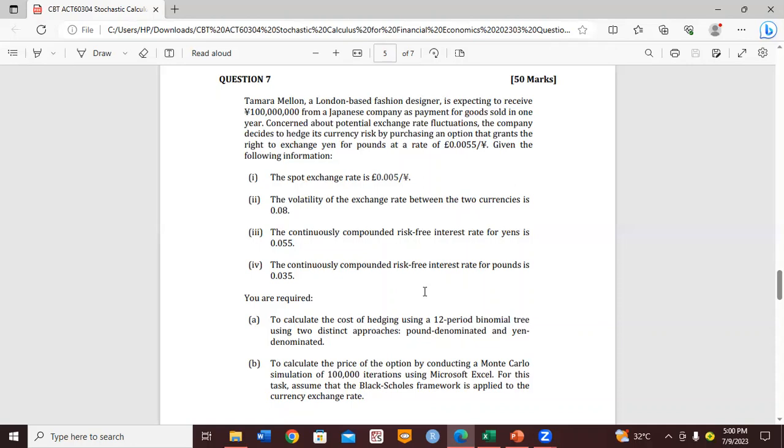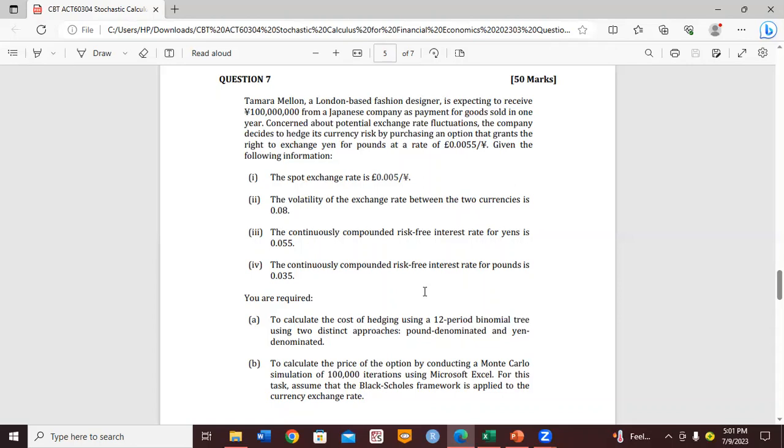This hedging allows her to exchange the 100 million yen that she's going to receive at this rate. So if she's looking at the pound denominated, it's the put because she is going to give 100 million yen so that she receives the pound. If we're looking at the yen denominated, it's going to be a call because she is going to receive this money as payment for goods.